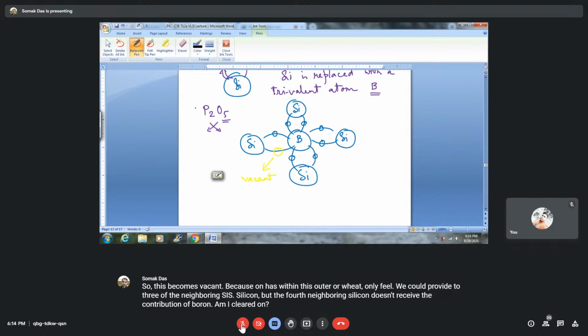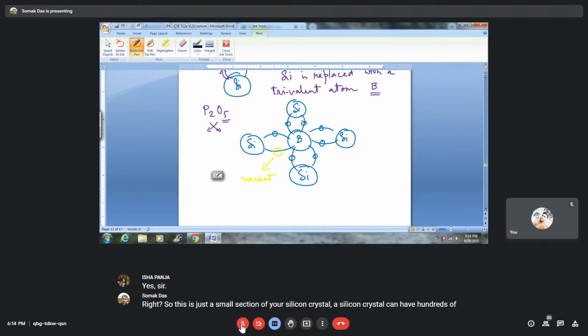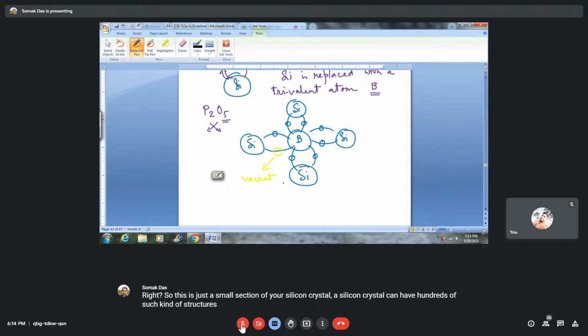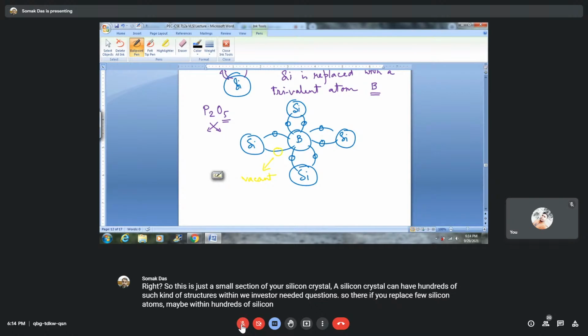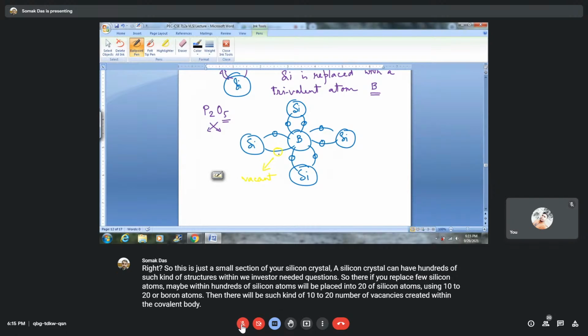Yes, sir. So this is just a small section of your silicon crystal. A silicon crystal can have hundreds of such structures within it, within the solidification structure. So if you replace few silicon atoms, maybe within hundreds of silicon atoms you replace 10 to 20 using 10 to 20 boron atoms, then there will be 10 to 20 vacancies created within the covalent bond. So, absence of electrons.